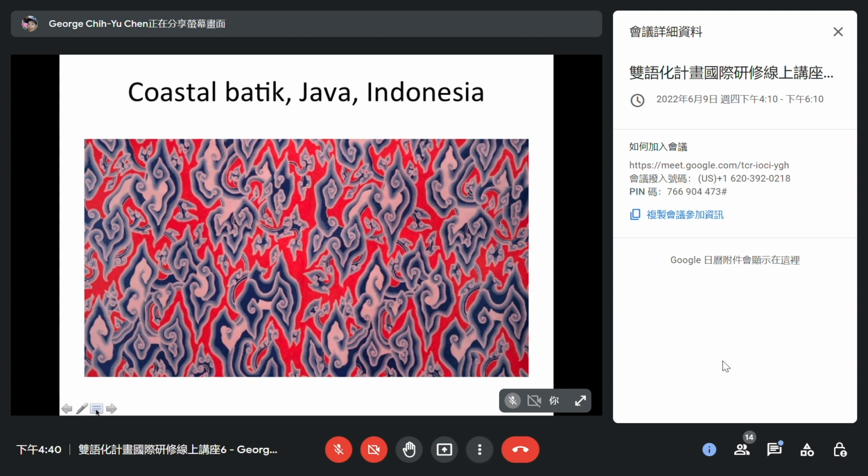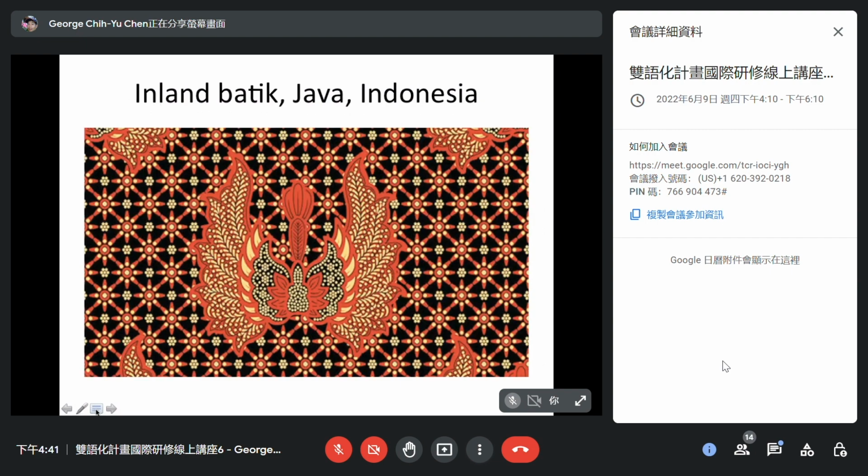That reminds me of the cloud motif from China, 云的图案 from China. But that's just my personal opinion. But I think it's a beautiful piece. So this is an example of coastal batik. And next, I will show you an example of inland batik.